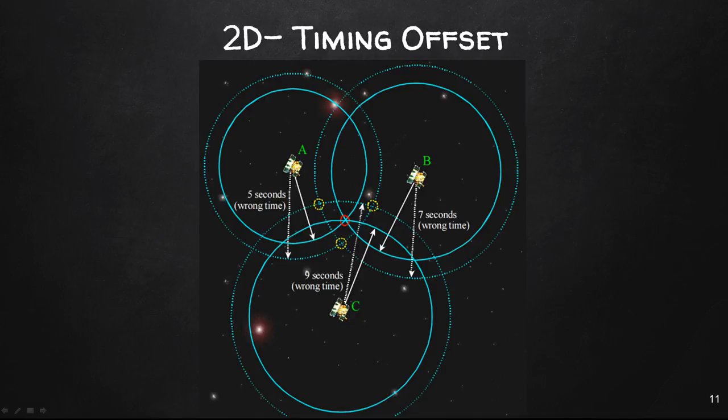When the receiver gets a series of measurements that cannot intersect at a single point, it finds the adjustment to all the measurements that lets them pass through one point. In this example, subtracting 1 second from the measurements makes the circles intersect at the red circle in the middle of the diagram.